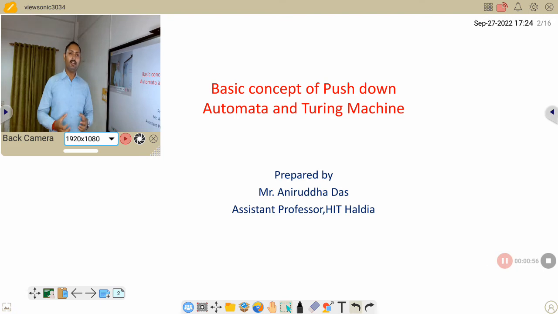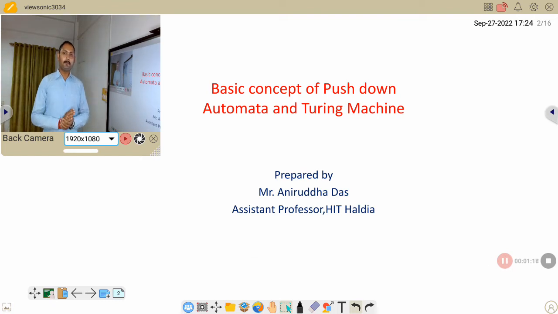Why? Because no memory is associated with finite automata. That is why it cannot memorize how many input symbols it has already scanned. That is the first shortcoming or disadvantage of finite automata.